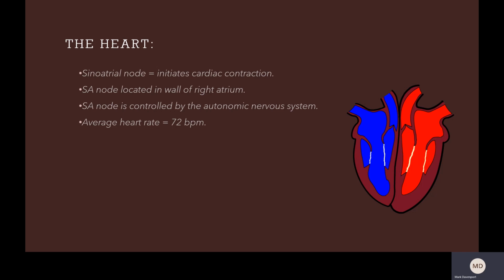The SA node is controlled by the autonomic nervous system. We'll learn more about this in the nervous system, but it just means it's not something we have to control; it's controlled automatically. An average heart rate is around 72 beats per minute. That's on average; the fitter you are, the lower your resting heart rate will be.